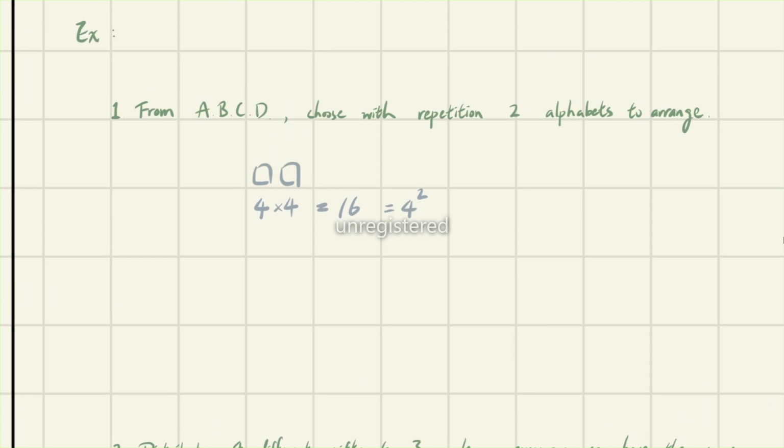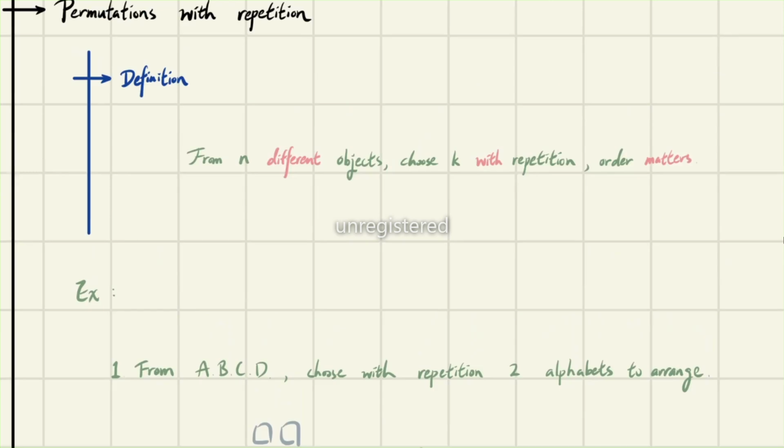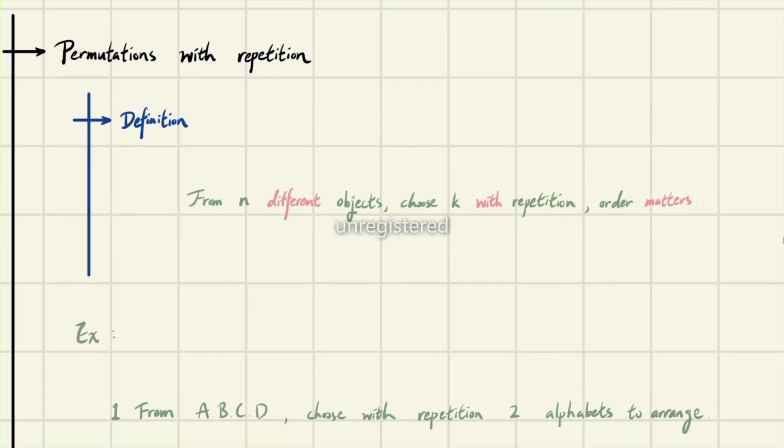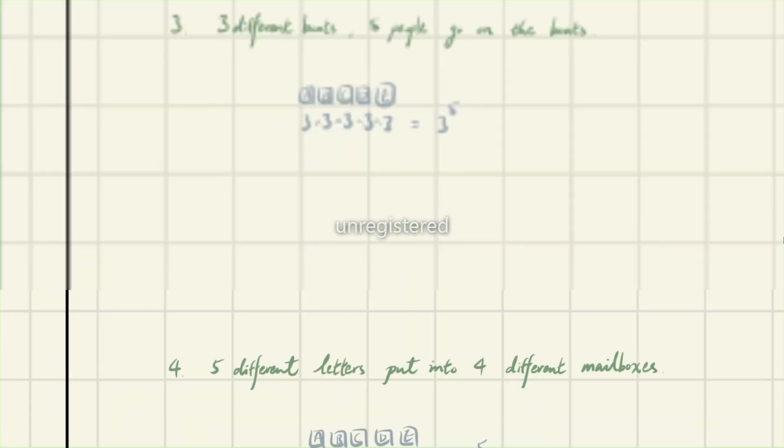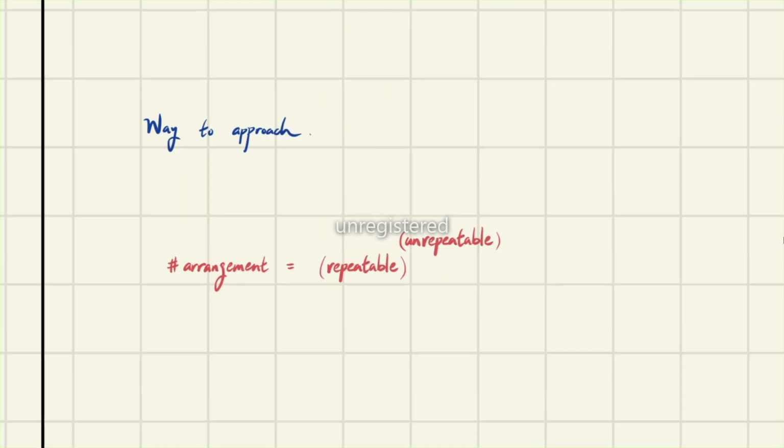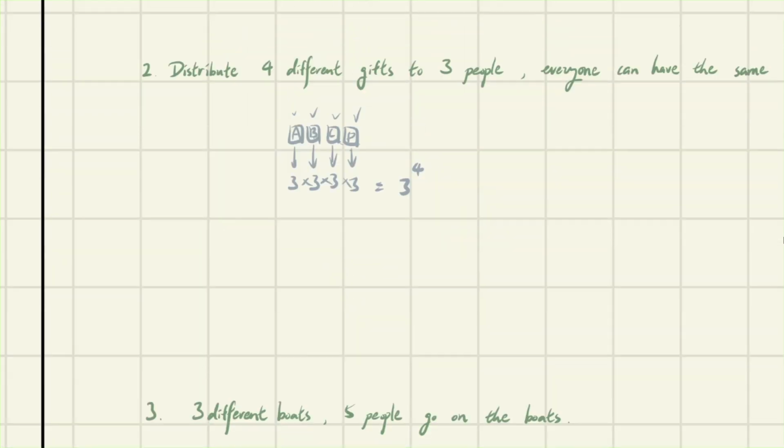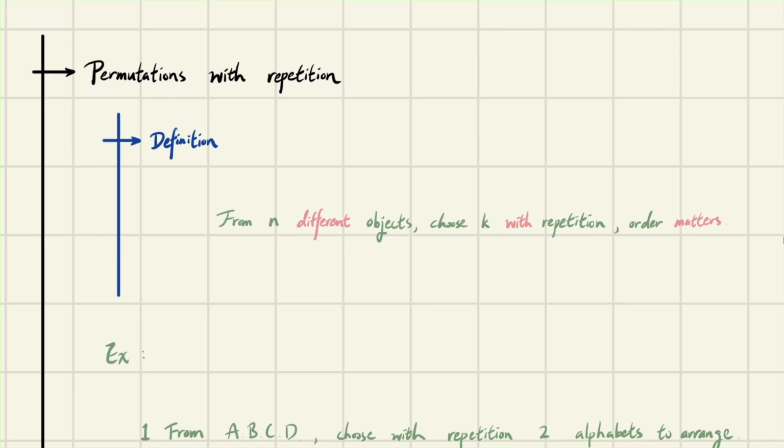So the boxes are the unrepeatable and the alphabets are the repeatable, so 4 to the power of 2. What I'm trying to say for permutations with repetition is not a formula, but this way to approach it: the number of arrangements equals the repeatable to the power of the unrepeatable. This is the takeaway from this video.